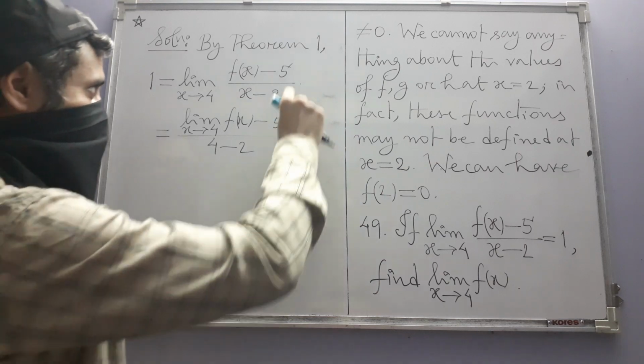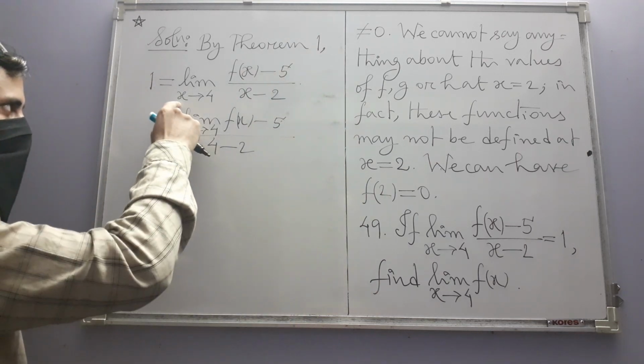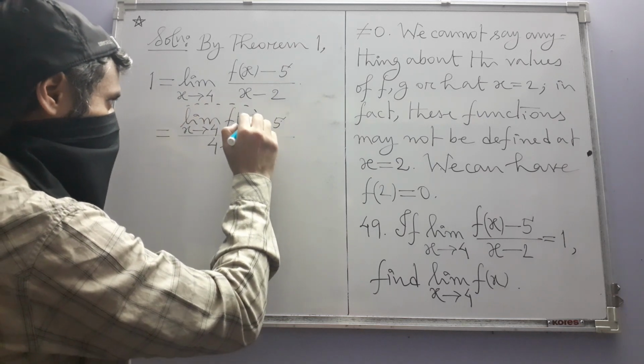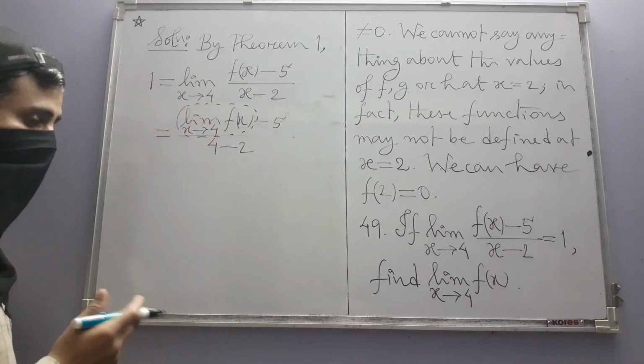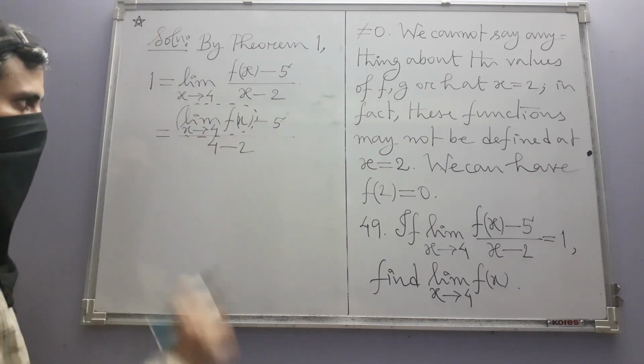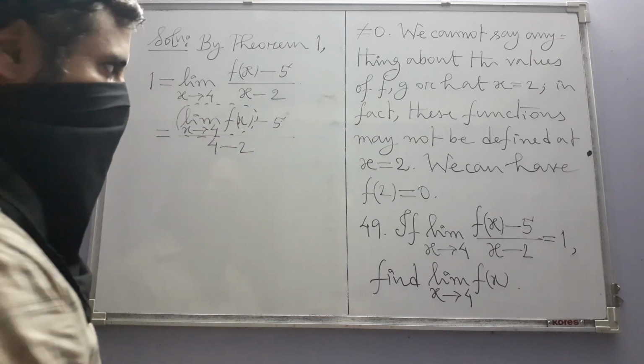Now we know that these 3 functions have limits as x approaches 4. But do we know that this limit even exists? Nothing is saying that it exists, right? So how can we apply theorem 1 here? We cannot apply theorem 1 just like this.